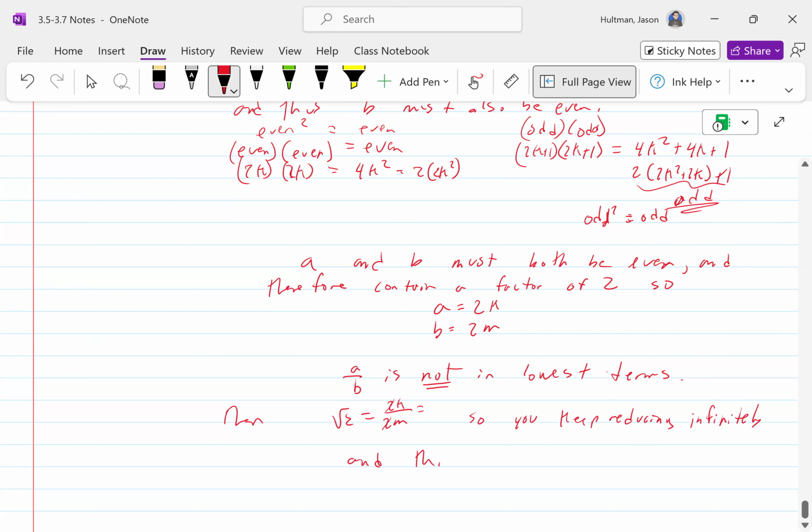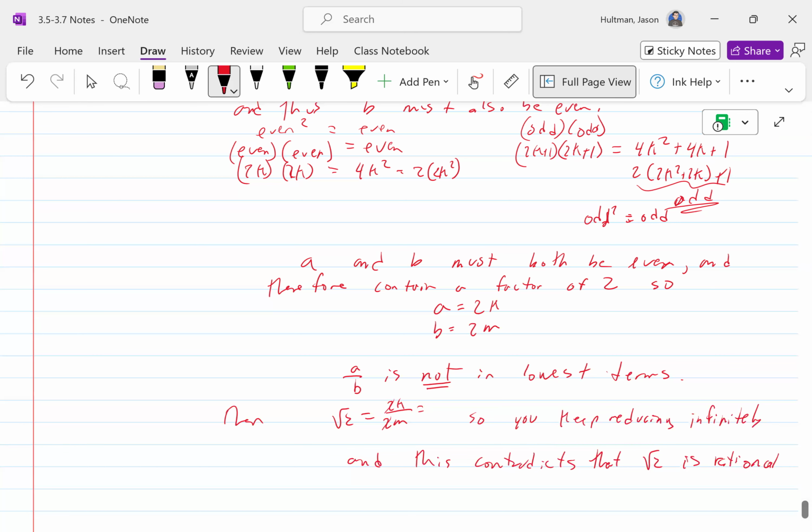And this contradicts that radical 2 is rational.